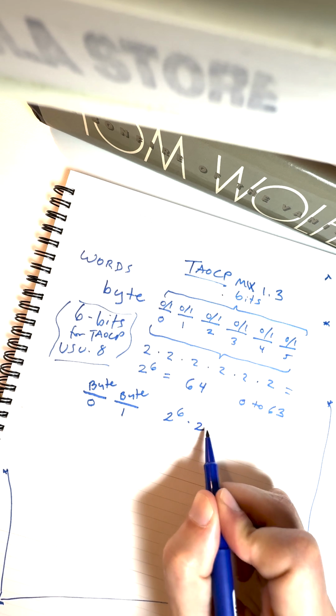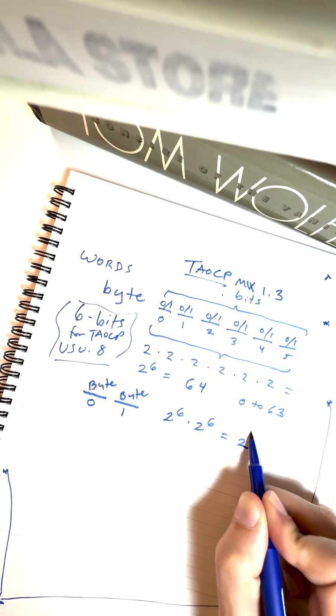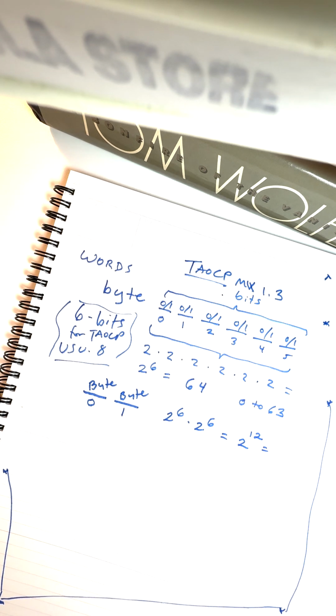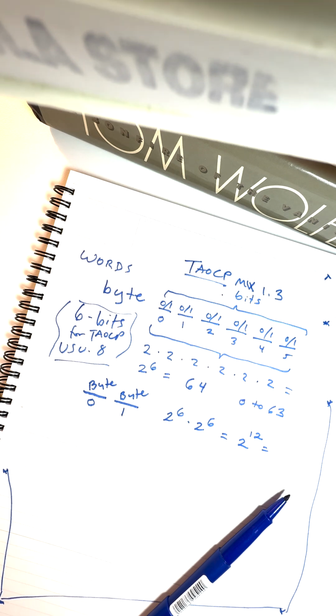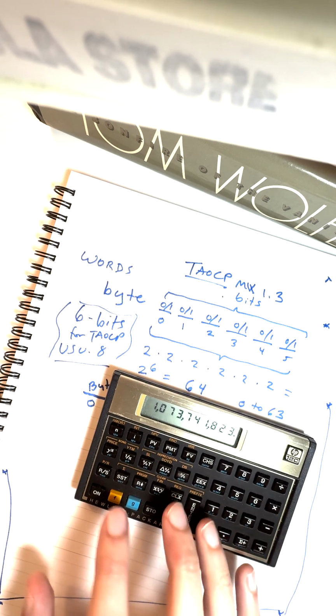and then 2 to the 6 times 2 to the 6 is equal to 2 to the 12. So that would be, what, 64 times 64. And in fact, let me show that off here on my favorite calculator.